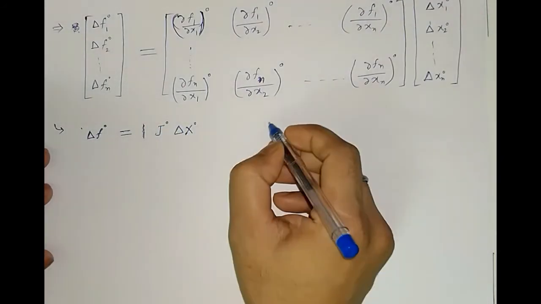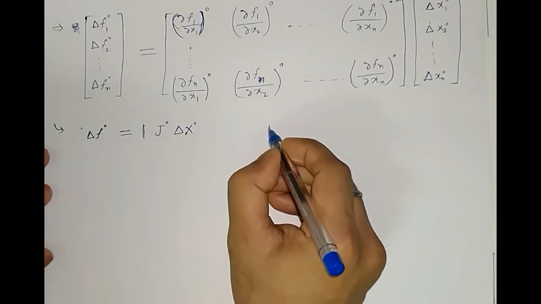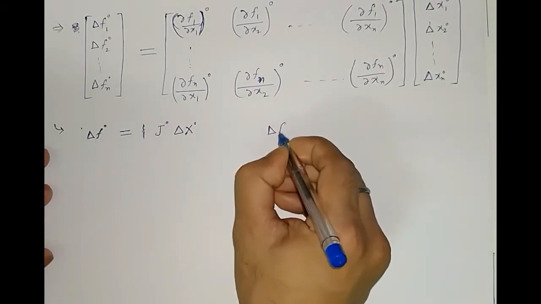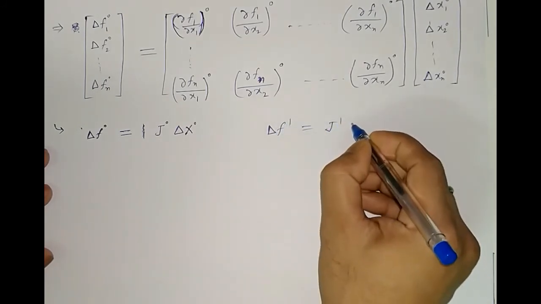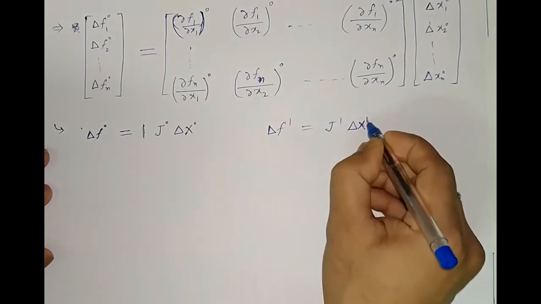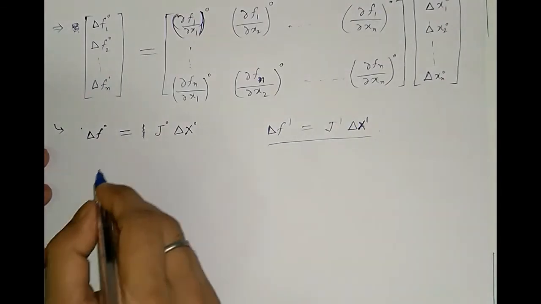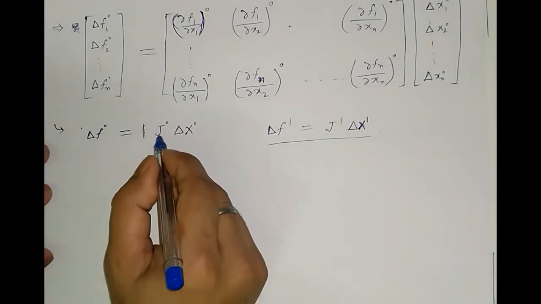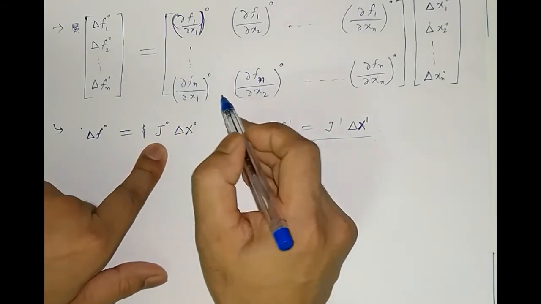For the first iteration, this equation will be represented as delta f1 equals J1 into delta x1, where J0 represents the initial Jacobian matrix.